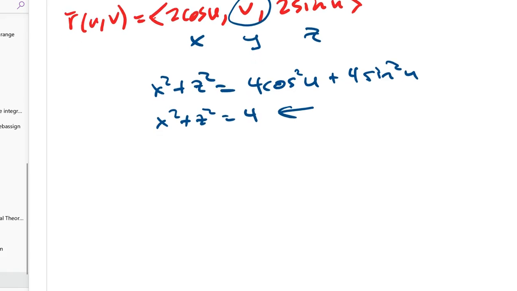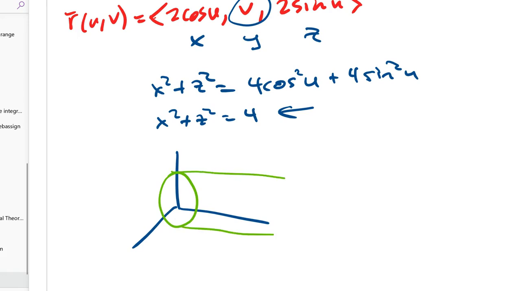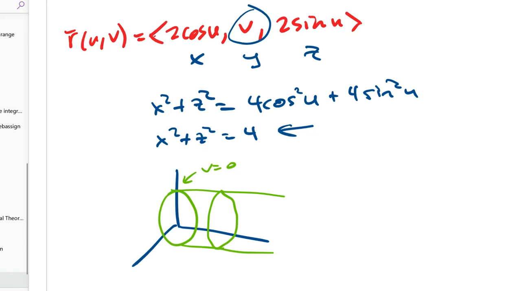So what we see here is there is a circle in the xz plane when v is 0. There's a circle in the, so for example, this would be when v is 0, and this would be when v is 1.